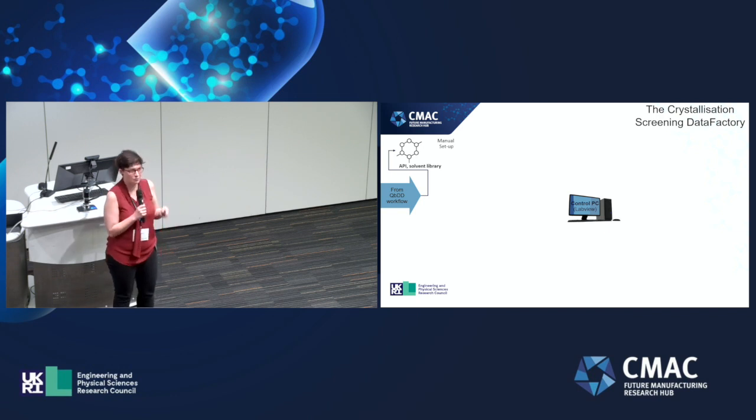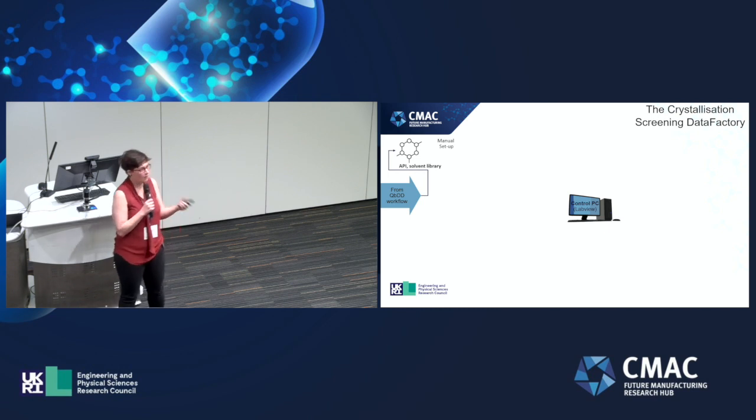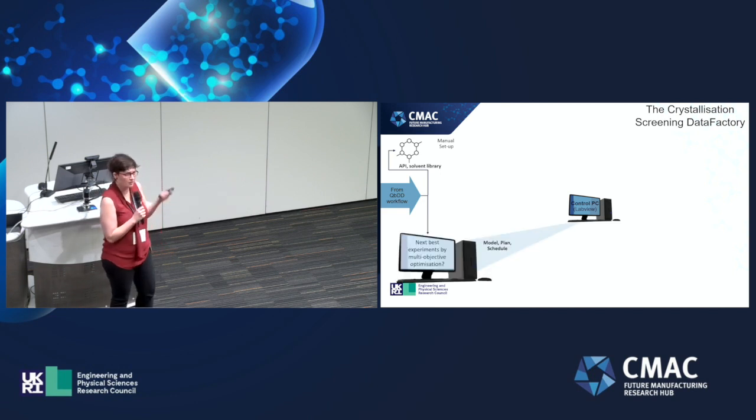So this is a high-throughput, small-scale screening of crystallization across a wide range of API and solvent chemical space. So we ask our models, what experiment should we be running next? And this tells the robot what it needs to set up.